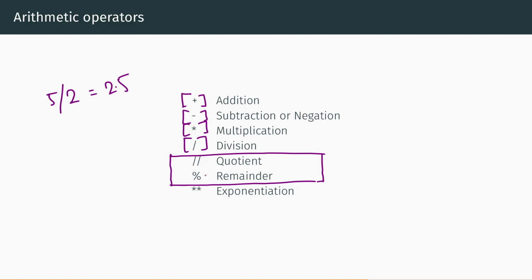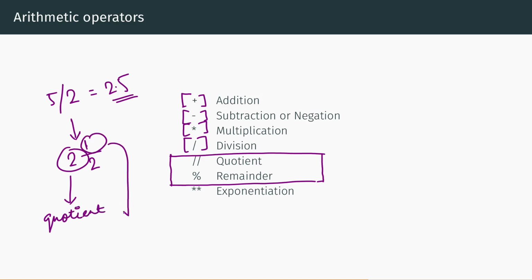But if you want to find not the actual result of the division, but sort of a fraction, so when you convert this to a mixed fraction, what will this be? It becomes 2 and a half, right? 2 1 over 2. So this 2 is your quotient, and this 1 right here is the remainder, right?